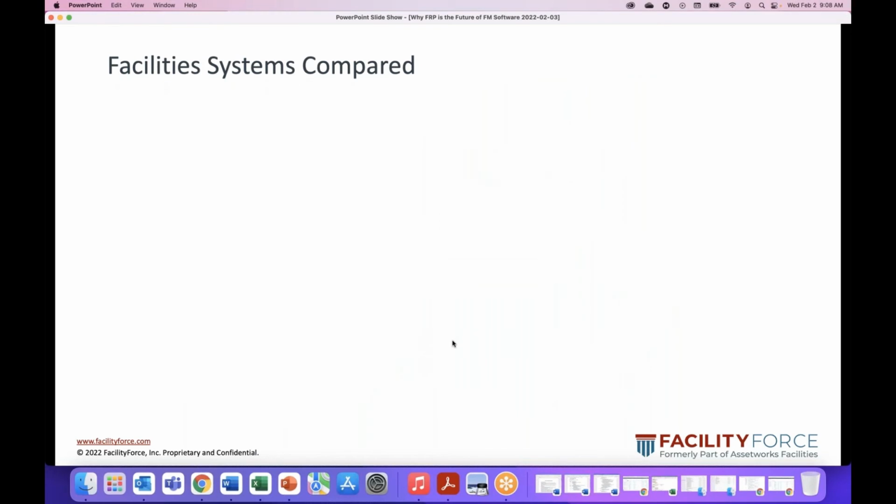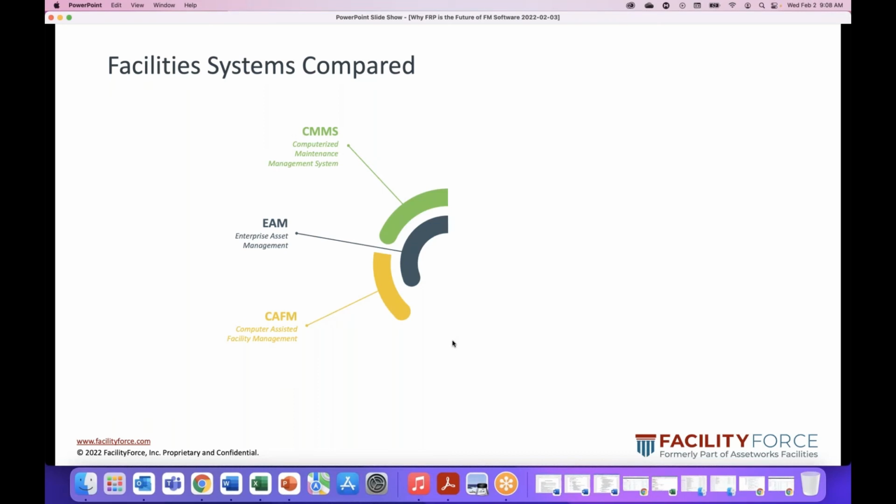So let's look at it one other way, based on the alphabet soup of systems out there in the market. A CMMS system is focused usually on maintenance. CAFM is more space-oriented, but also maintenance. You might also have heard of an EAM system, which is a little more oriented toward asset lifecycle.